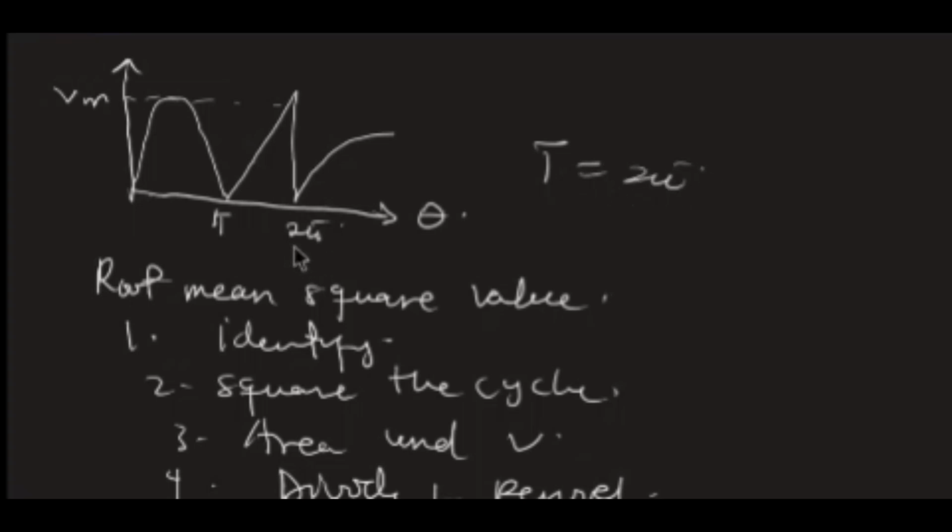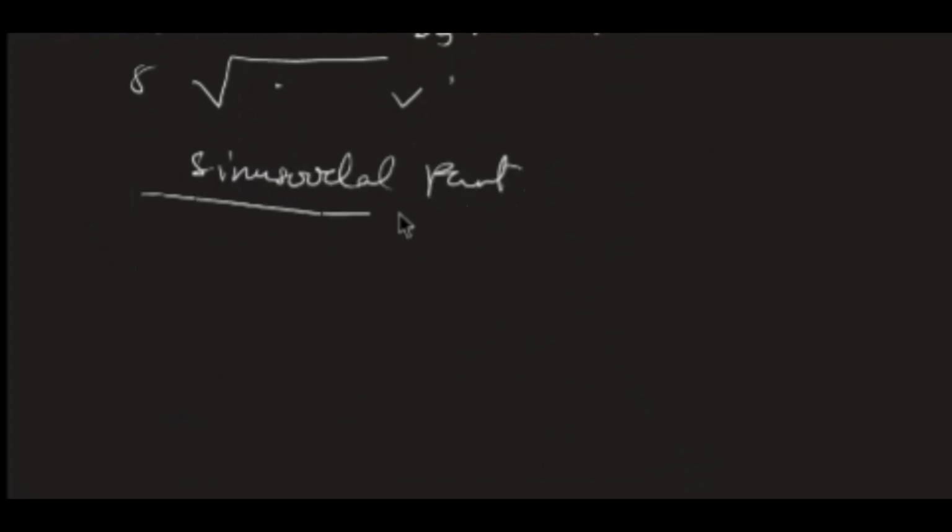So once we have our period to be 2 pi, then we can go ahead and take the cycles separately. They are of different shapes, so to find the area, I need to find the area of these separately. So now let me take the sinusoidal part.